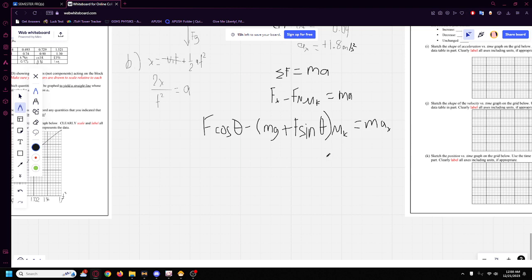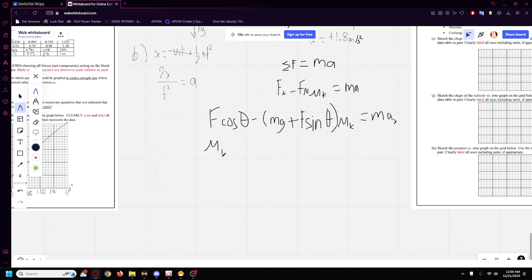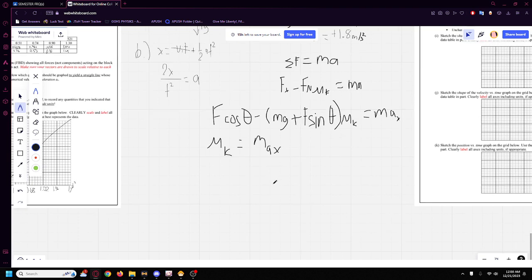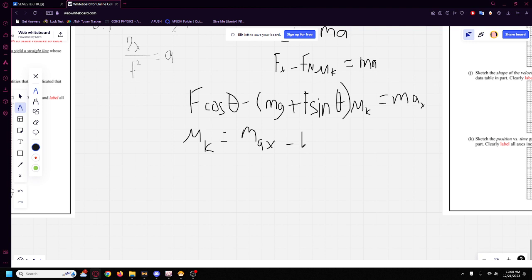So I just have to divide everything. So mu k is equal to MAX subtract F cosine theta over minus mg plus F sine theta.